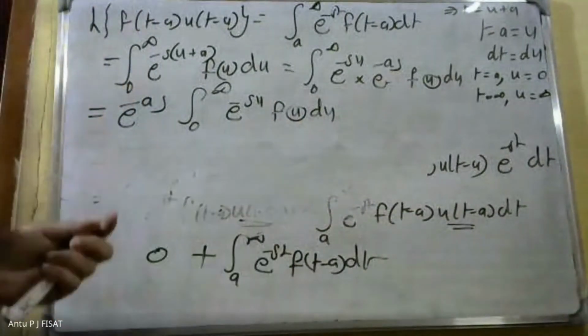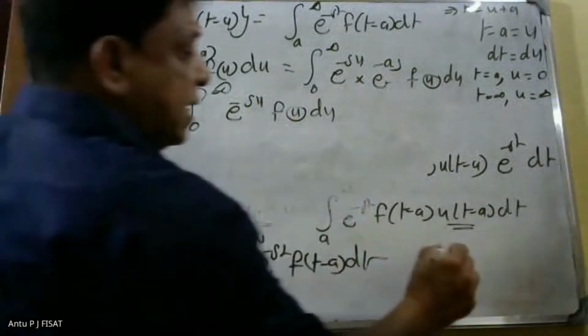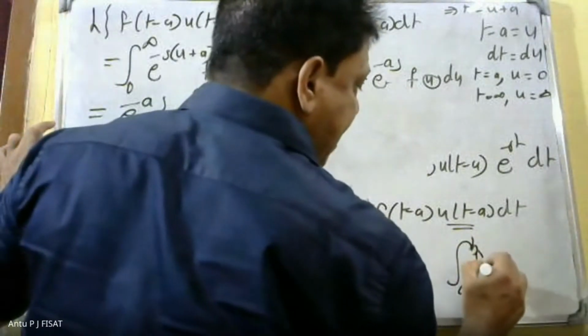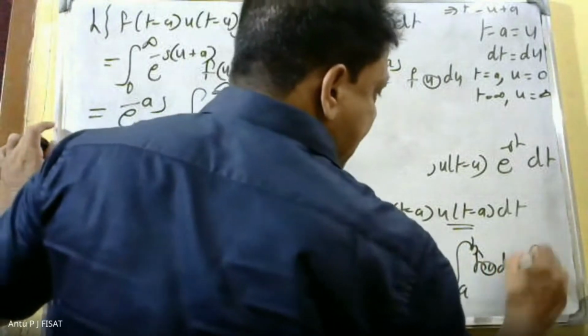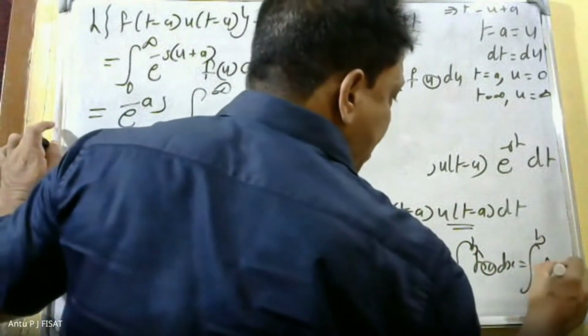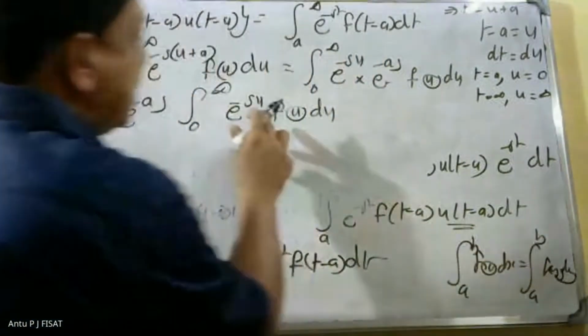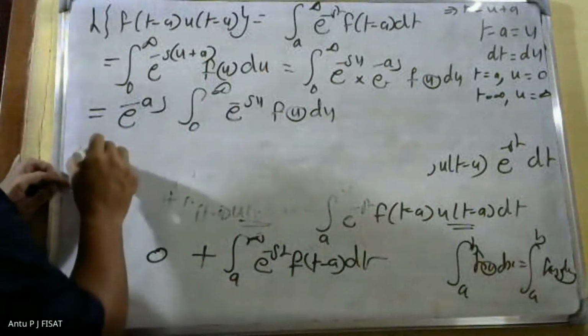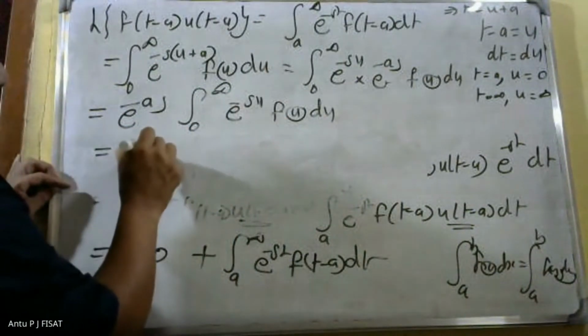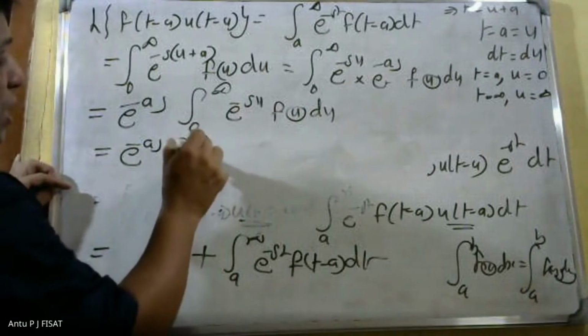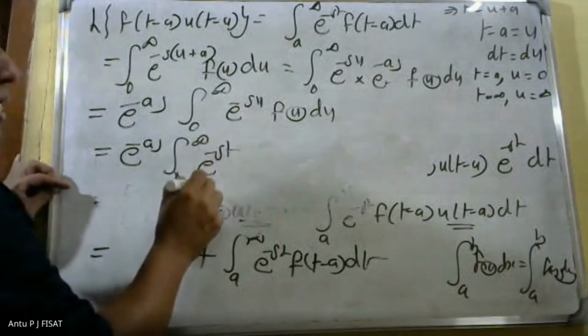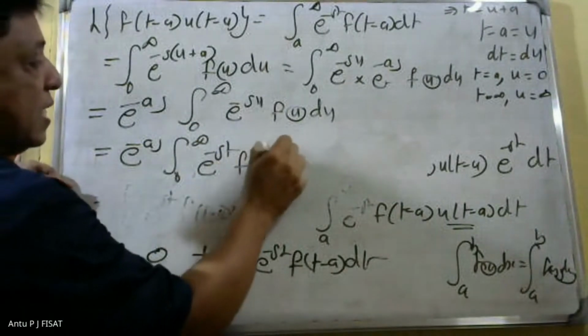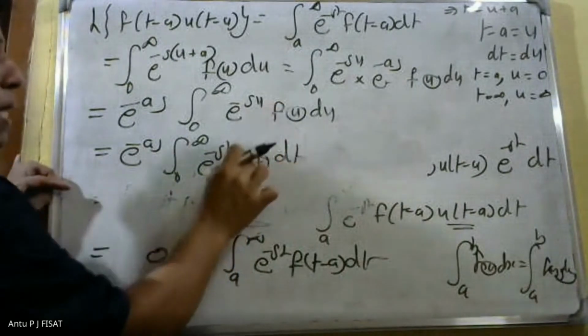Then, by the property of definite integral, integral a to b f of x dx is equal to integral a to b f of y dy. Therefore, we change u to t. We get e raised to minus as into integral 0 to infinity e raised to minus st f of t dt, replacing u by t.